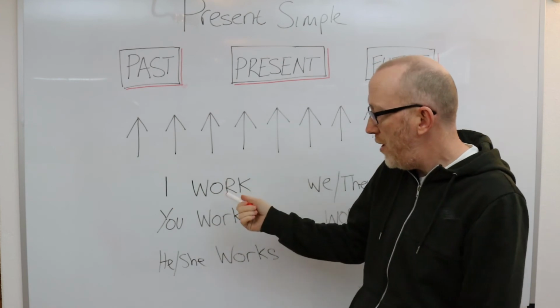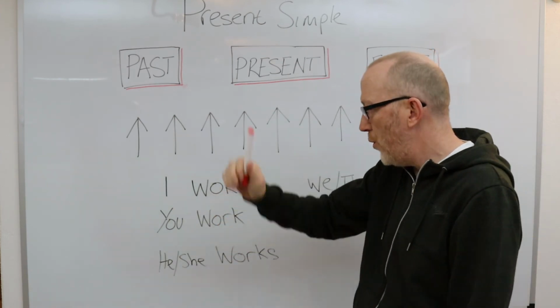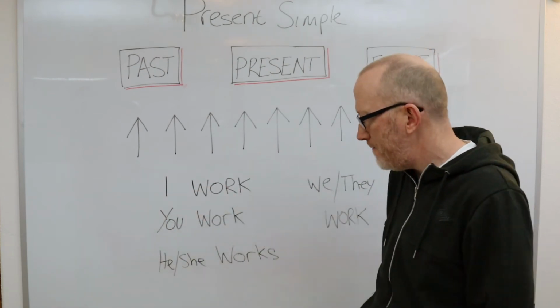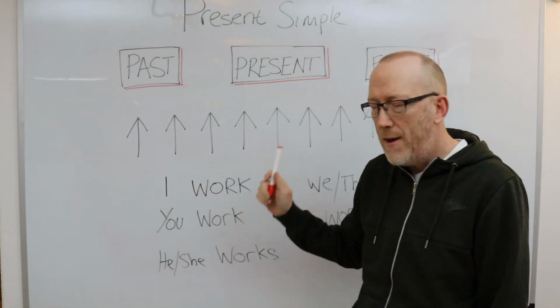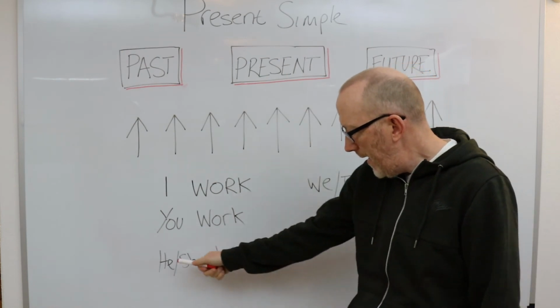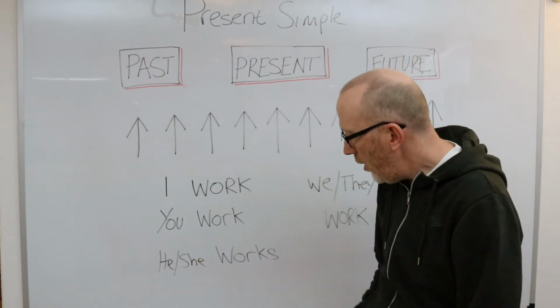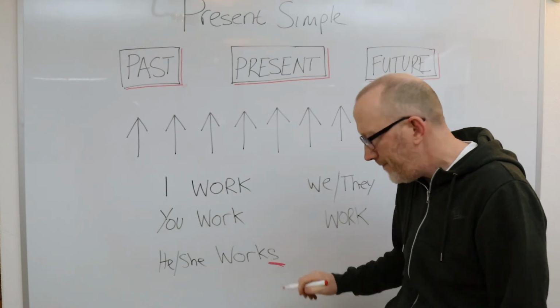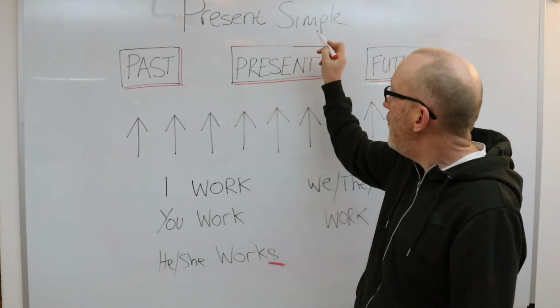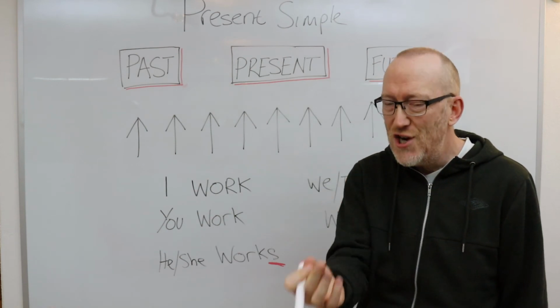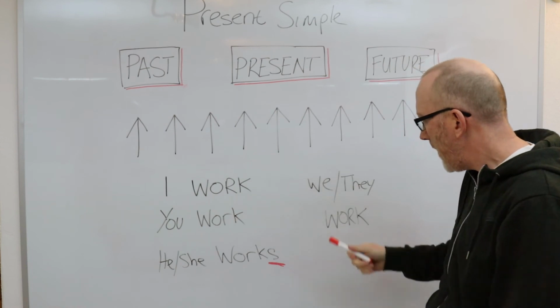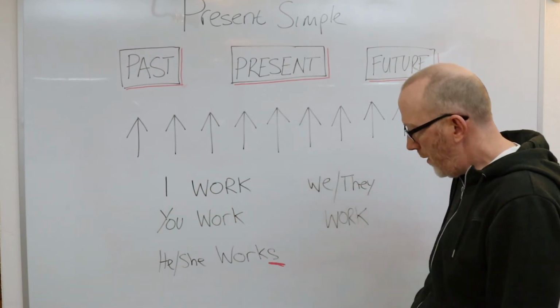The verb we're going to look at is the verb to work. I work every day. You work every day. He, she, or it works. This is where in the present simple your verbs change, and this is where you still make mistakes. We and they work.